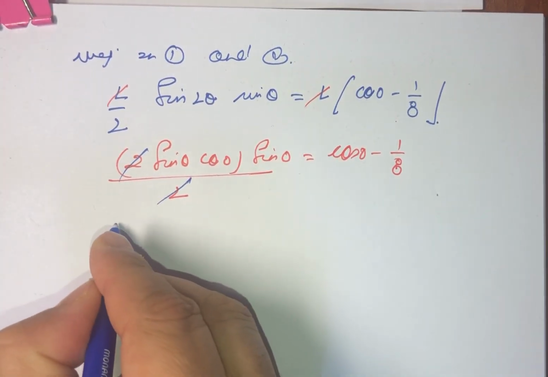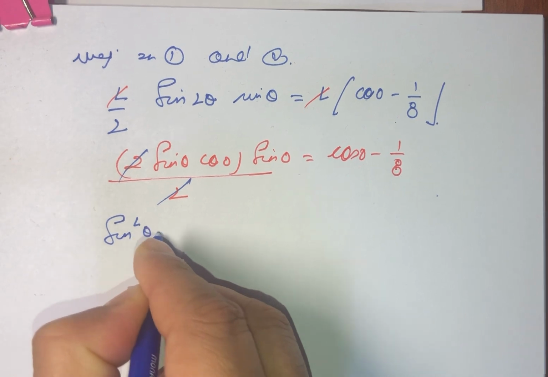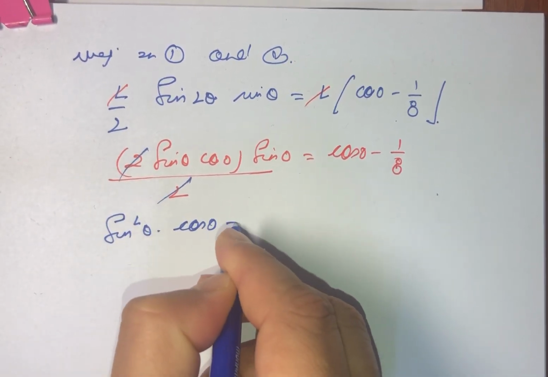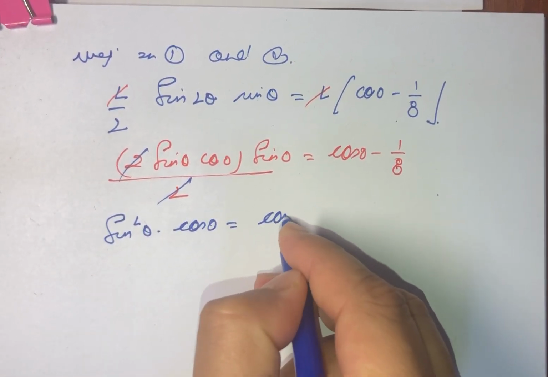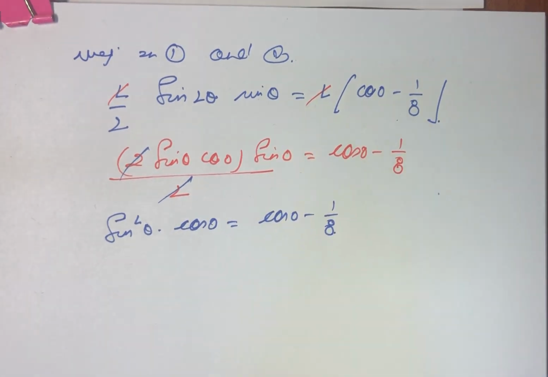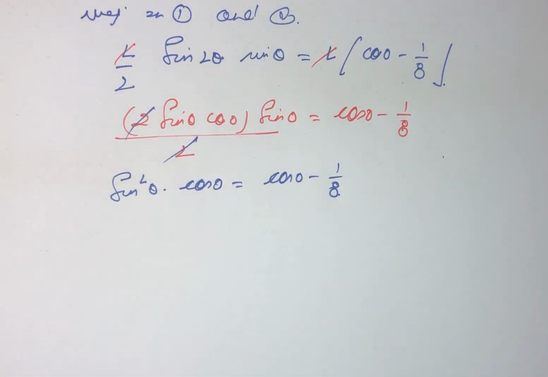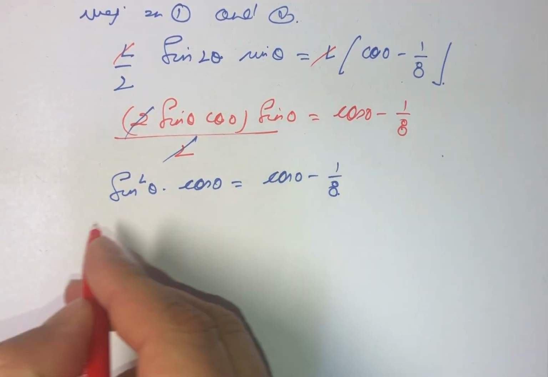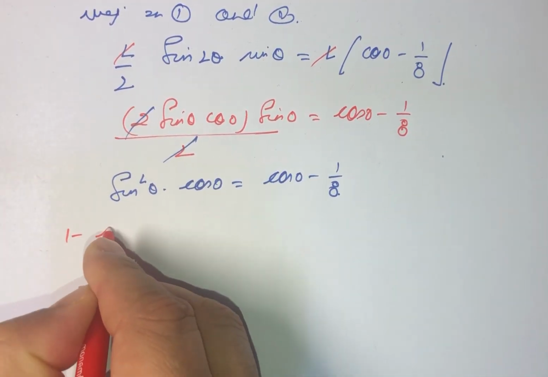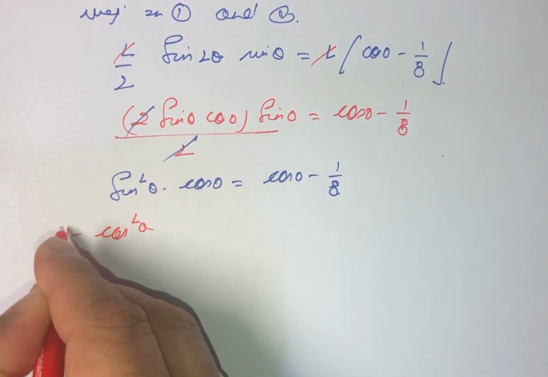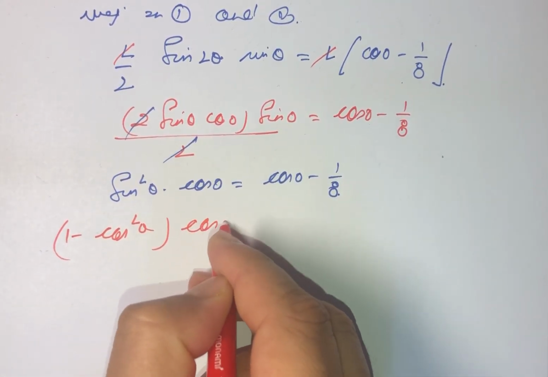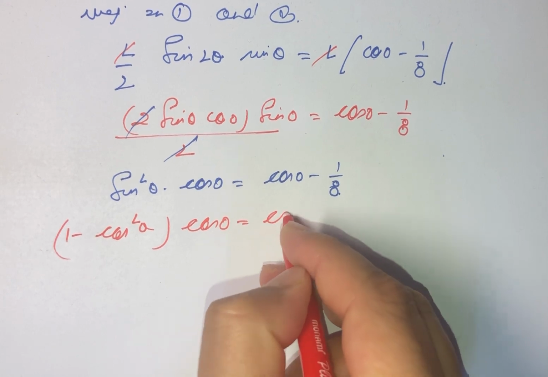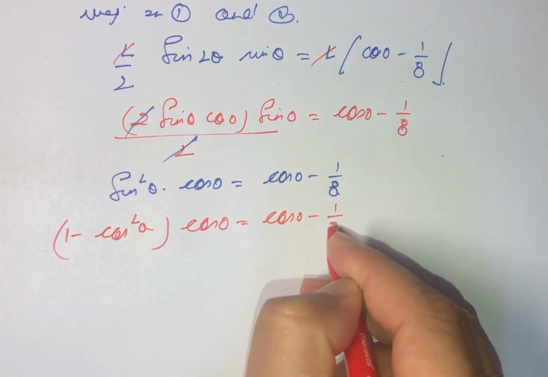This comes as sine square theta into cos of theta is equal to cos theta minus 1 by 8. Sine square theta, we can write it as 1 minus cos square theta. So we can say 1 minus cos square theta multiplied by cos theta is equal to cos theta minus 1 by 8.